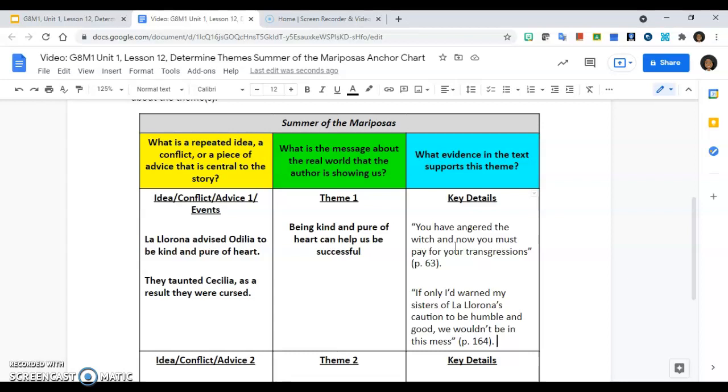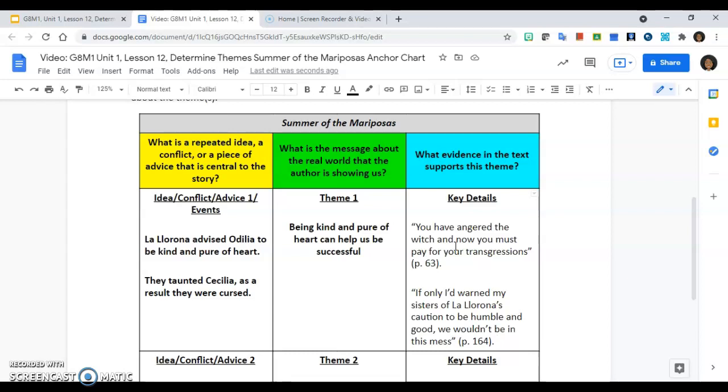And you could go any way with this. If you were given the key details and a set of themes, you would just see which one best matches. If you were given the events and had to pick details, you could do the same thing. What you have to do is make sure that they all connect to each other. They all have to make sense.